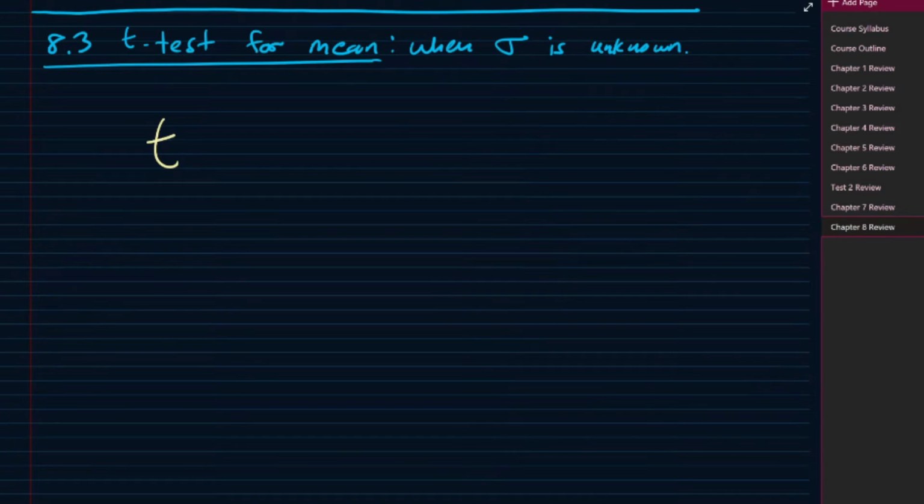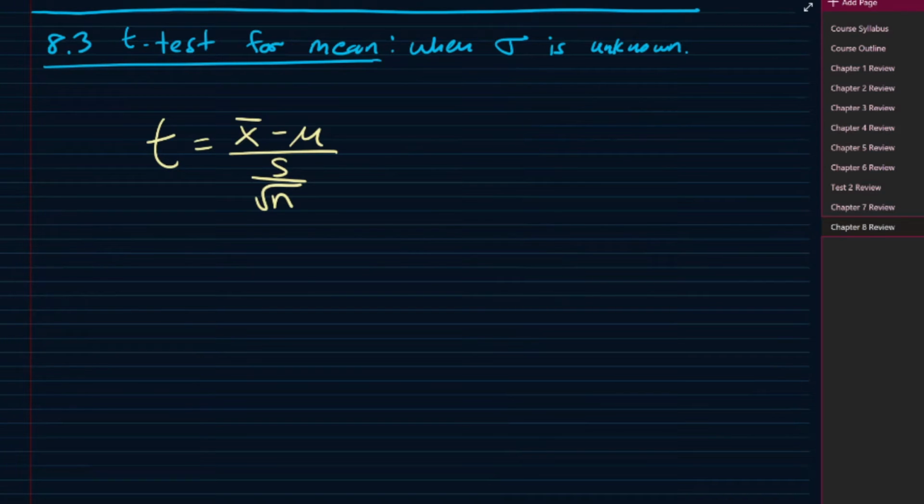So again, the formula for t is x bar minus mu over s divided by square root n.